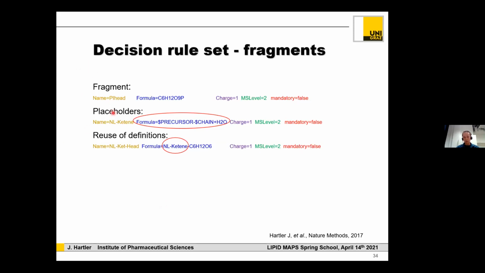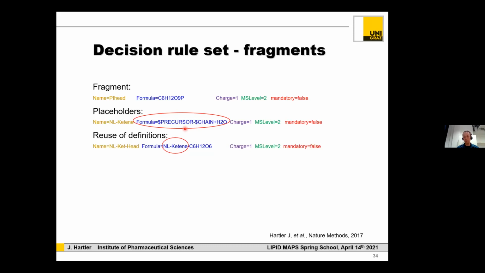They do your spectral annotation. In fact, this is a simple language how you can specify fragments. You simply specify an arbitrary name, a chemical formula, then the charge, and at which MS level it's observed, and it has some placeholders. And what I want to mention is that it searches for all possible chain combinations in this process.